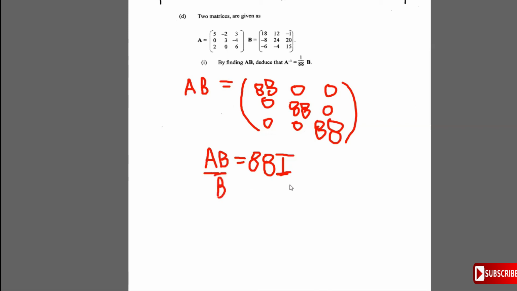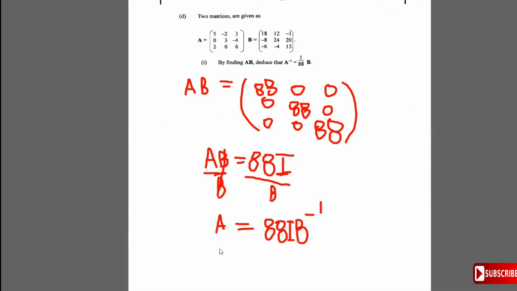B over B cancel, and so you get A is equal to 88 times, 1 over B is B to the minus 1. Multiplying by the identity matrix doesn't change anything, so you can just put I. Then flip it.